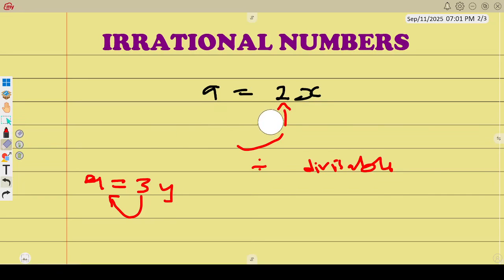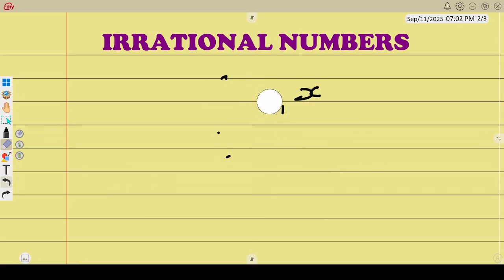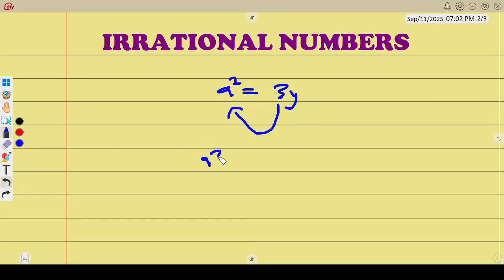That is the mathematics. And then now, the same theorem goes on to say if you have a squared is equal to 2x, it means that 2 can go into a squared, and a is just having a squared, meaning 2 can also go into a. So here let me explain it again nicely. If we have a squared is equal to 3y, this means that 3 is divisible into a squared.